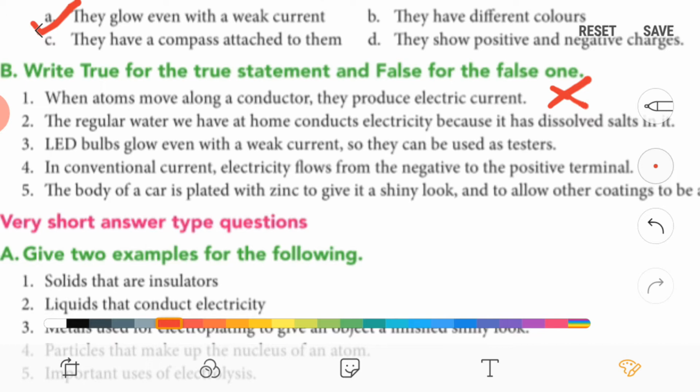Second, the regular water we have at home conducts electricity because it has dissolved salt in it, right? So this is true.